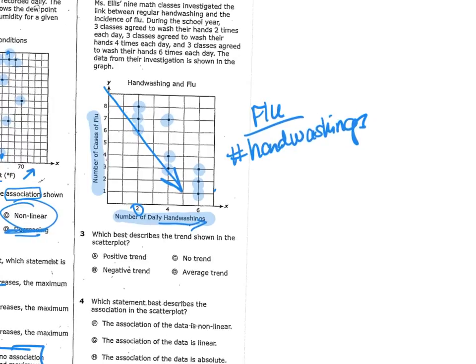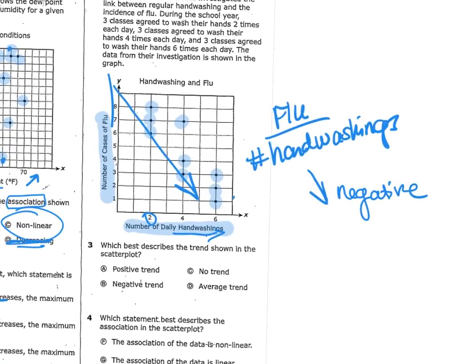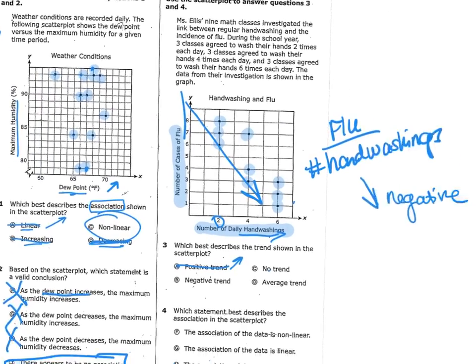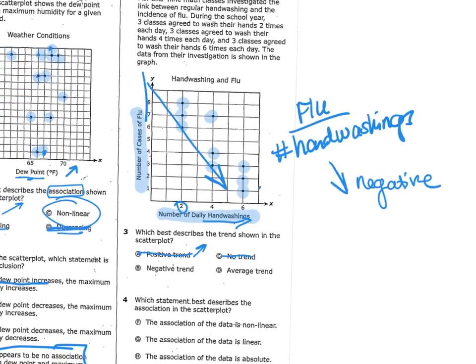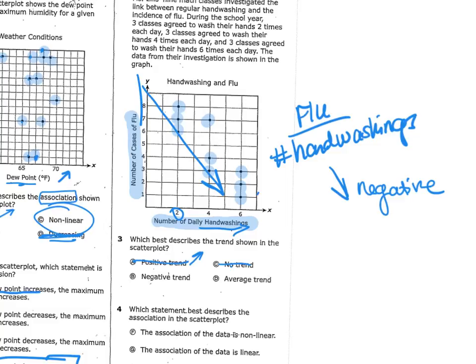And so when we look at the left side of our graph and our line goes down, remember what kind of a slope or a line that is? It's negative. So looking at my answer choices, positive trend, no, because that would be going up. No trend, that would be like the one we just looked at, and that's not true because there is a trend. Average trend, no, because it's a negative trend.